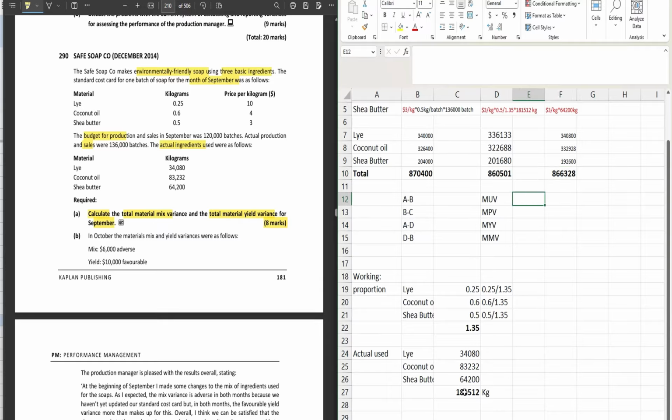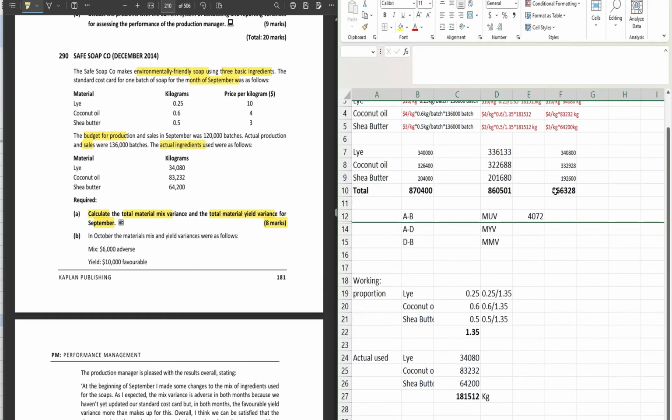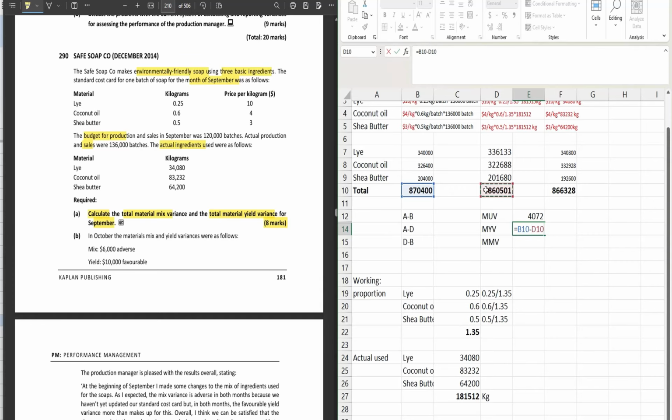Now, material usage variance will be your A minus B. Material price variance is not required here because the question has not asked regarding this. So material yield variance will be this minus this, and material mix variance will be.